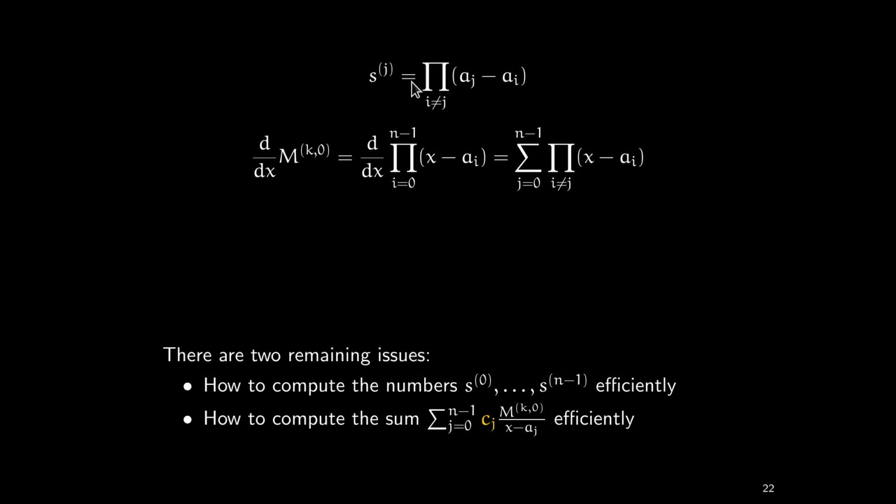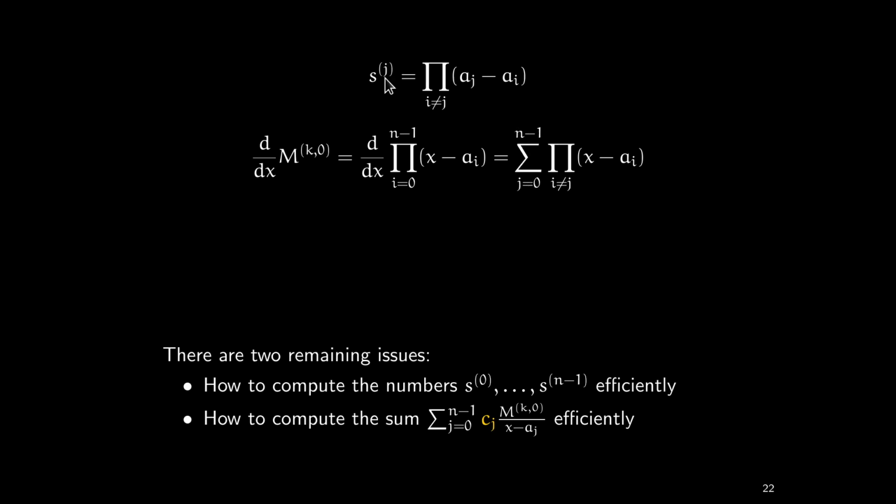There's not just one s, there are n different s's. For every j there is an s, but we get the s's if we evaluate this polynomial at aj, because if you put aj here, then one of these products will survive, and that's exactly the s that we need, where the product runs over all i that are different from j. For all the other products that also appear in this sum, I don't have to worry, because they have a different j.